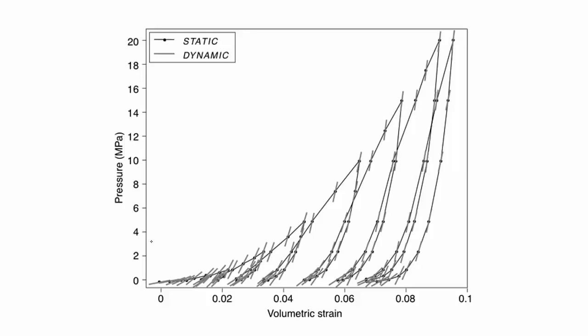So in this case, they went to the lab and they had a piece of rock and they put it under hydrostatic confinement, typically in a fluid bath, right? So they put it in a bath of fluid and they ramp up the pressure on the fluid and they squeeze the rock, compressing it. And they measure the volume change.